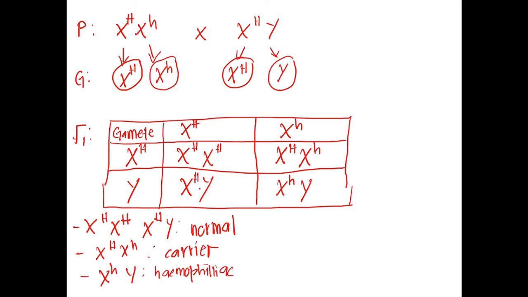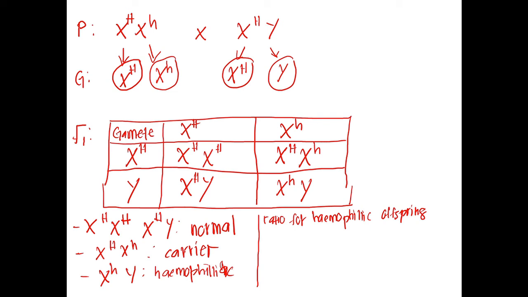The mistake? It doesn't have the A, hemophilic. Then it asks you to write the ratio for hemophilic offspring. Okay, so here you will have 3 normal including carrier.